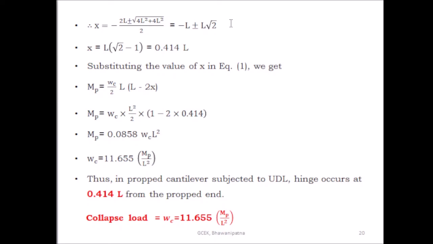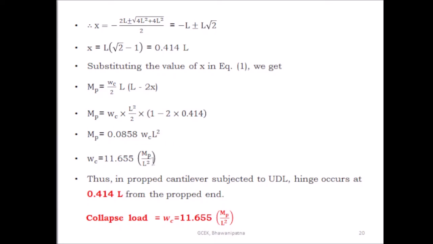So after putting x equal to 0.414 L, substituting the value of x in equation 1, we get Mp is equal to Wc into L² by 2 into (1 minus 2 into 0.414). Then after simplification of this expression, Mp is equal to 0.0858 Wc into L².